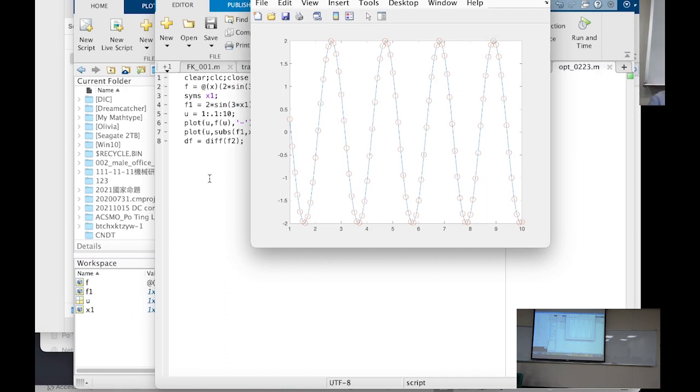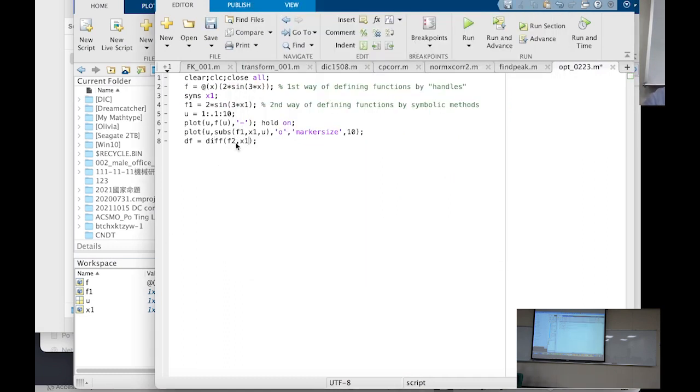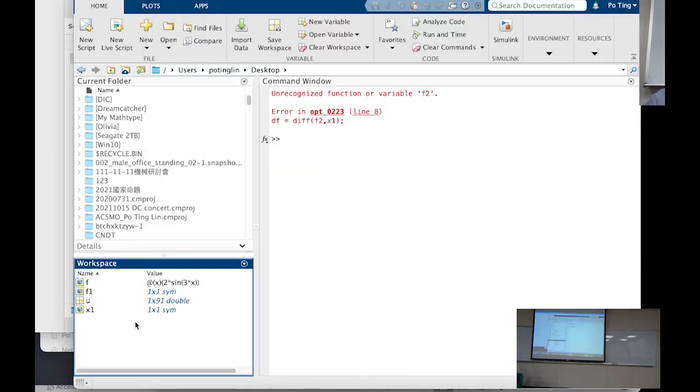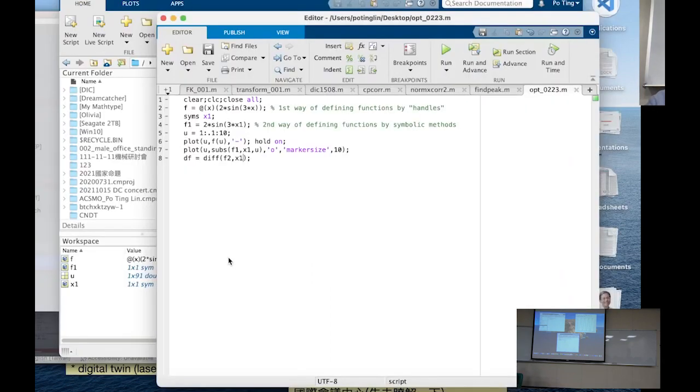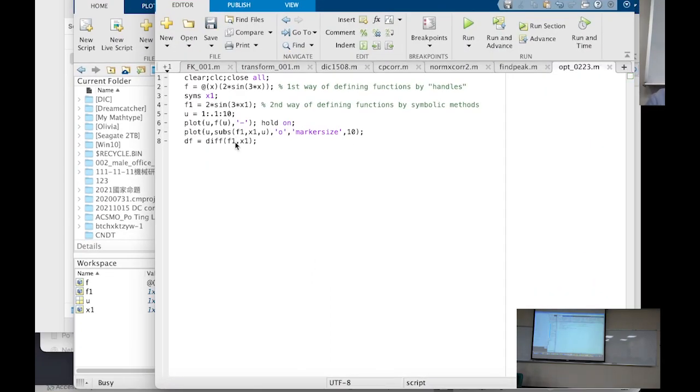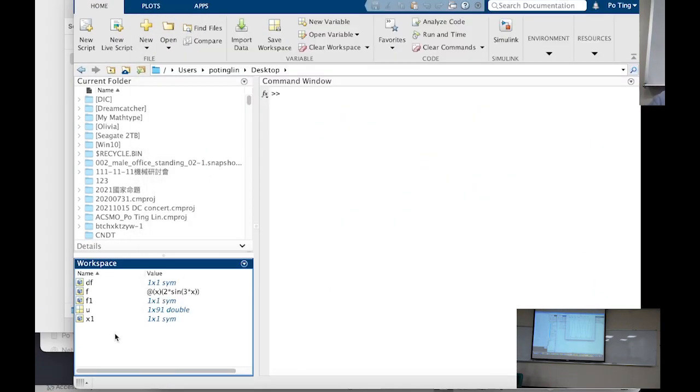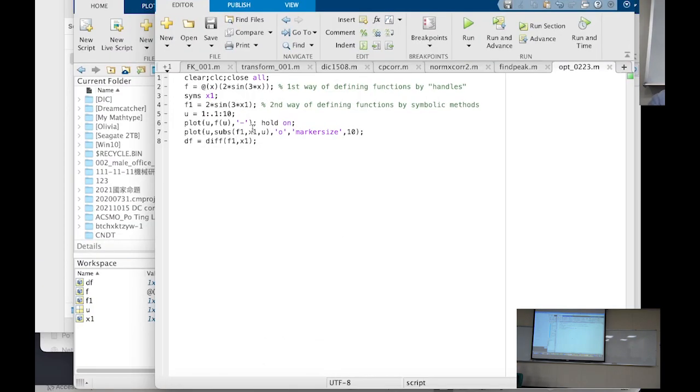But the next part, I think I need to do this. No? Ah, F1, okay. Yes, correct. So with symbolic, you can take derivatives. So diff is derivative. So taking the derivative of F1 with respect to x1, because the variable was called x1 inside the symbolic function.